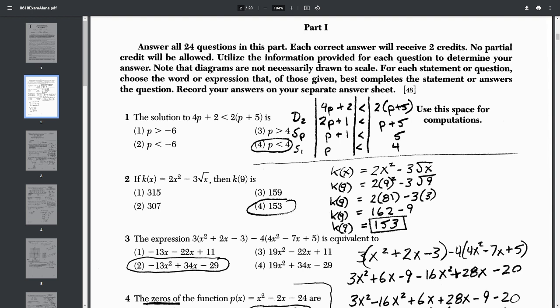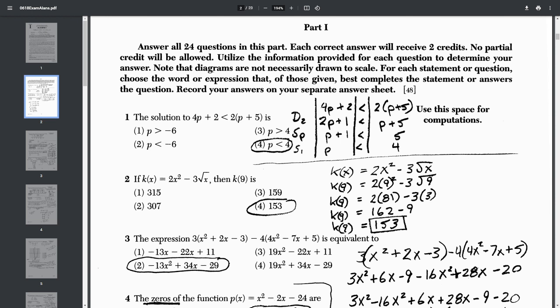He divided both sides by 2, and he got 2p + 1 < p + 5, and then he moves some stuff around, and he ends up getting p < 4. So the answer to this one is choice 4.